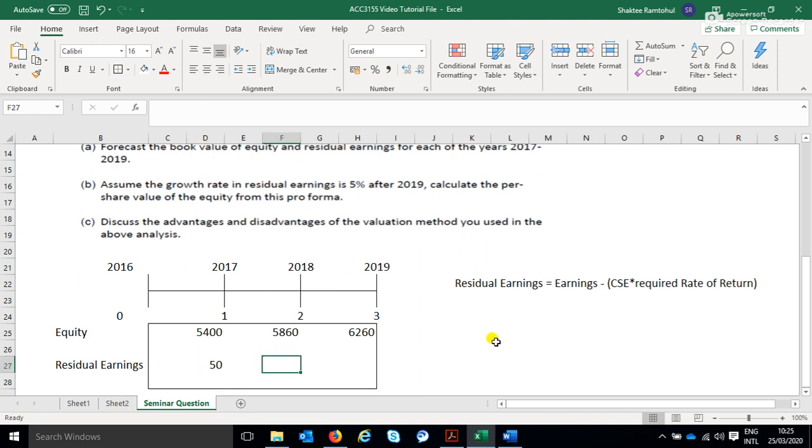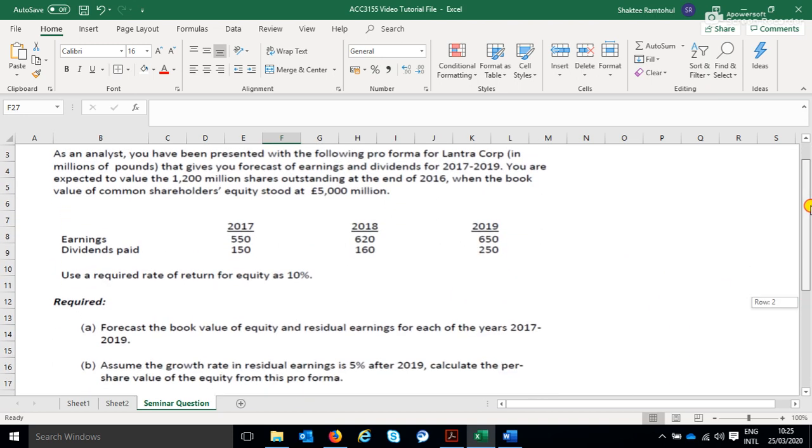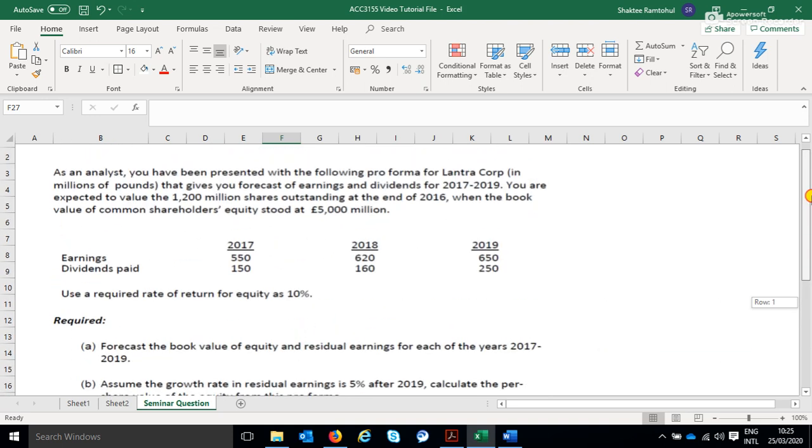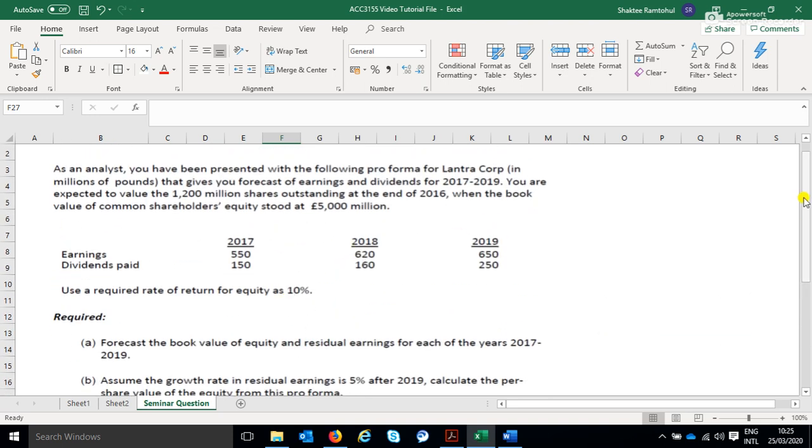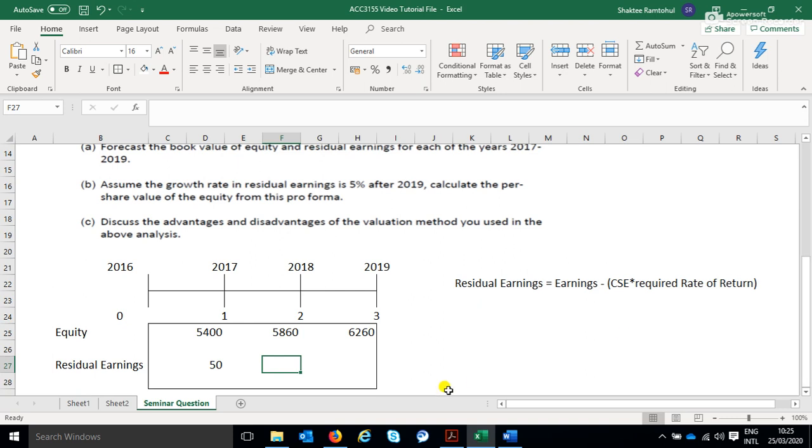Let's do the same thing for 2018. What were the shareholders expecting in 2018? First, the earnings in 2018 are 620. So 620 minus, well, think about it: the equity in 2017 would have been reinvested back into the business.